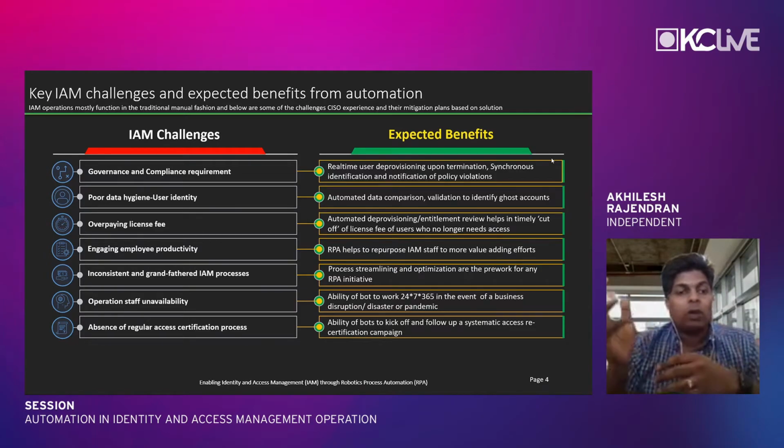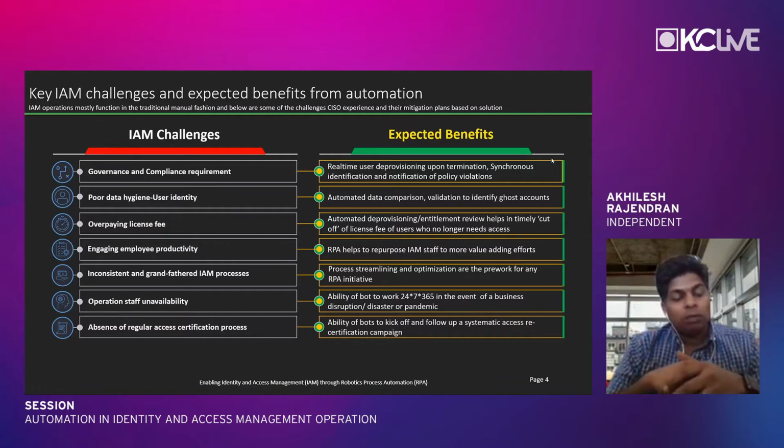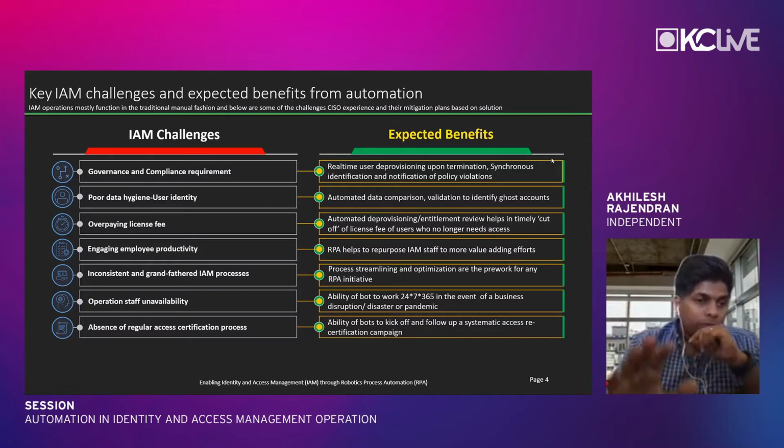You can have the bot talk to them, and once you get the entitlement approval or disapproval, they can go and update the specific system, source of truth, or the spreadsheet, or however the organization manages it. So these are the high-level challenges and expected benefits that I could see, and I've seen that in real time with organizations.